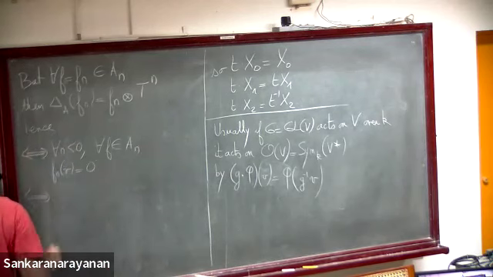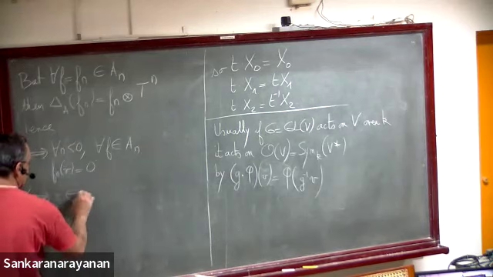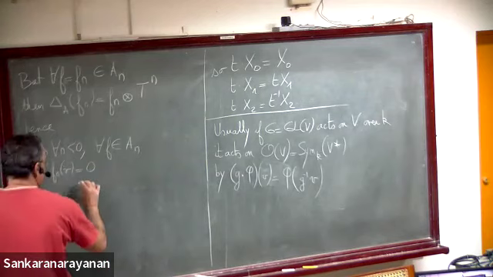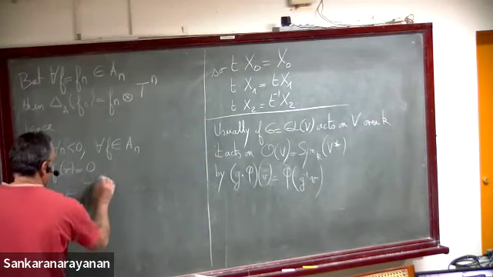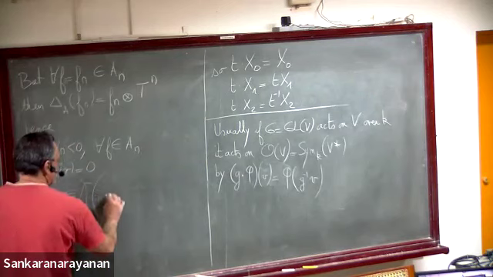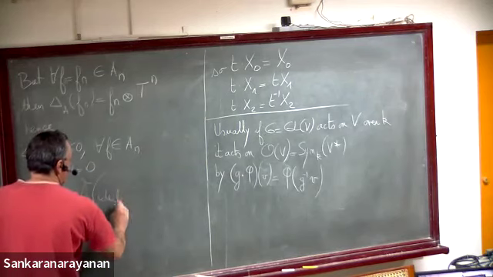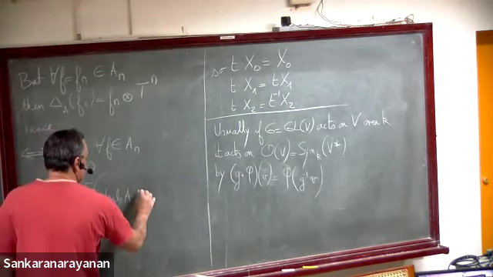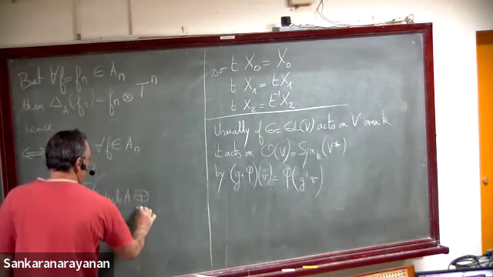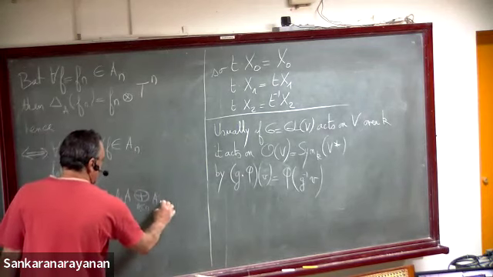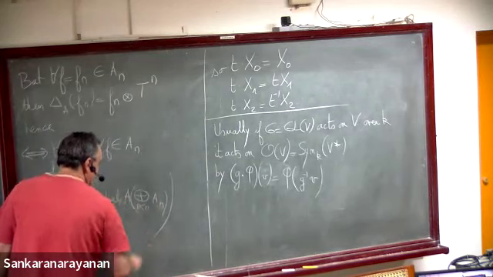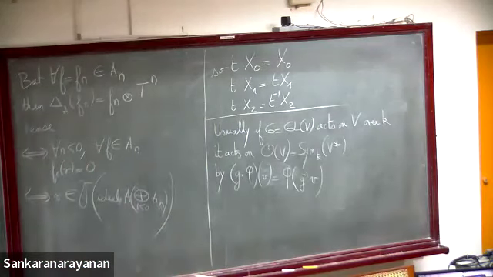And so this means that V is in the closed subscheme defined by the ideal generated by the negatively graded part. Okay, so this proves this.